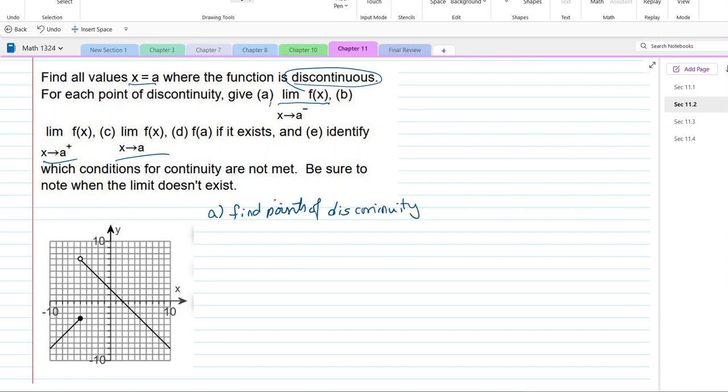All right, so our first point is this guy right here. And it is 1, 2, 3, 4, 5. Negative 5 is the point of discontinuity.